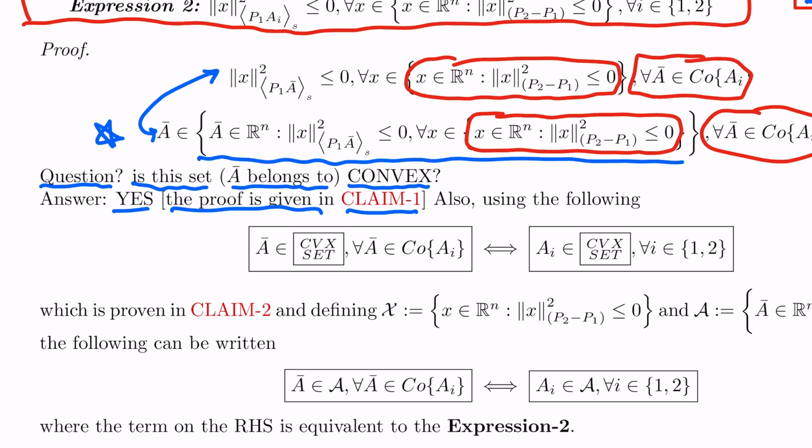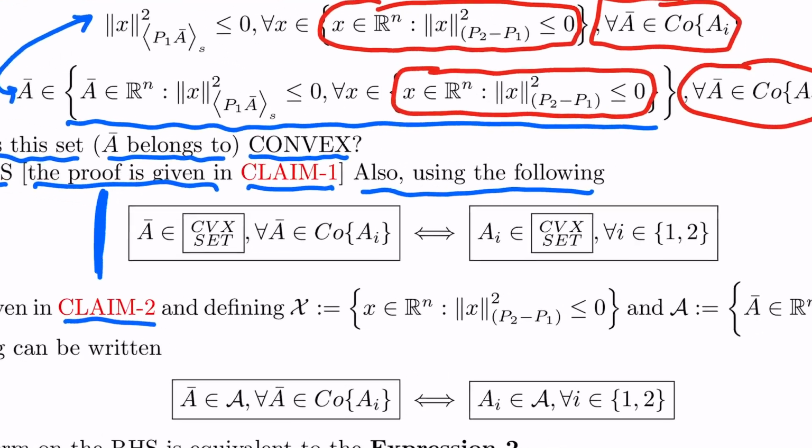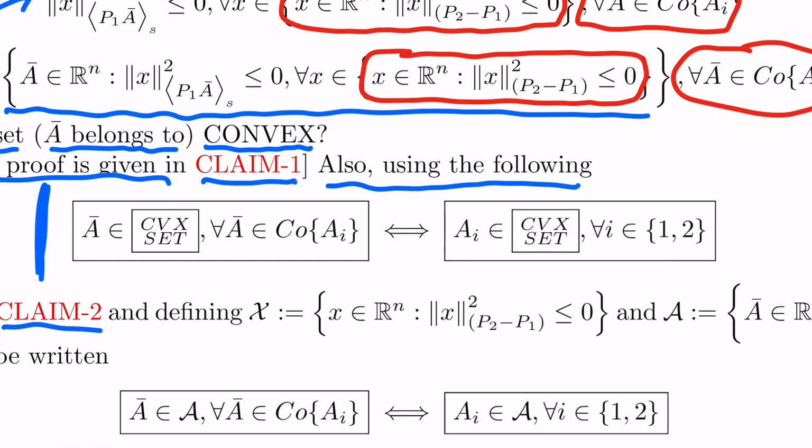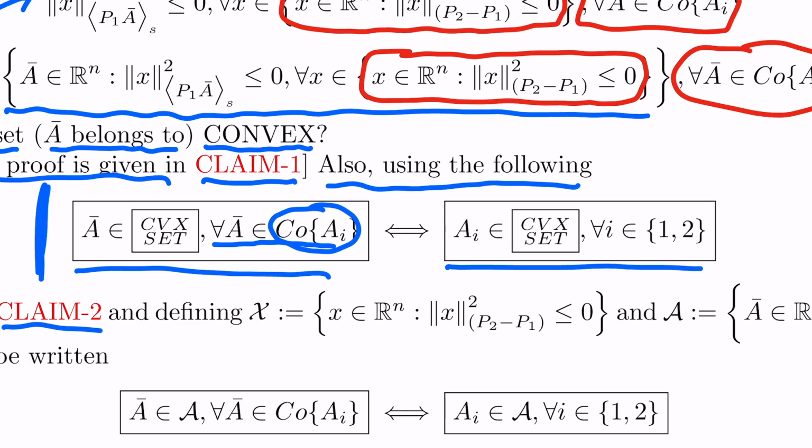Another thing, let's check the following. I think this is what we discussed in claim 2. Here we are basically saying that a bar is in convex sets, for all a bar taking values from the convex hull of that set. And this expression is equivalent to this expression.